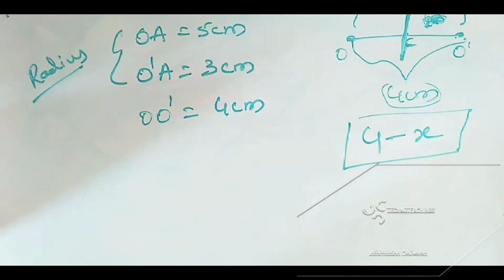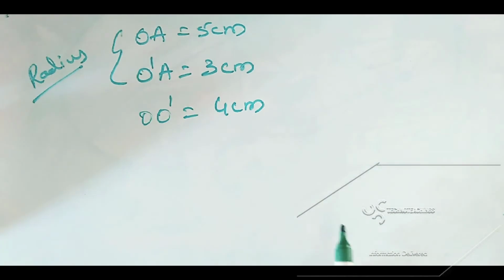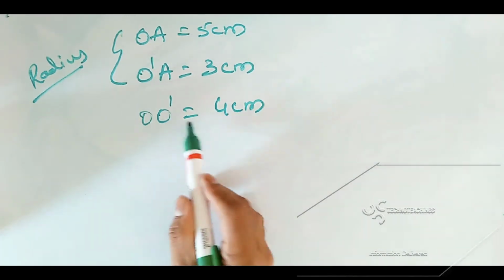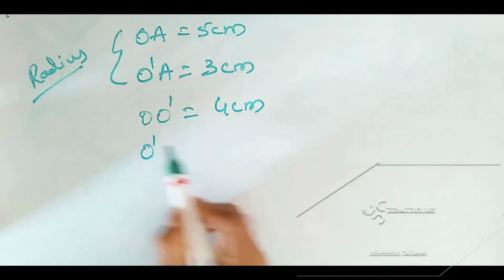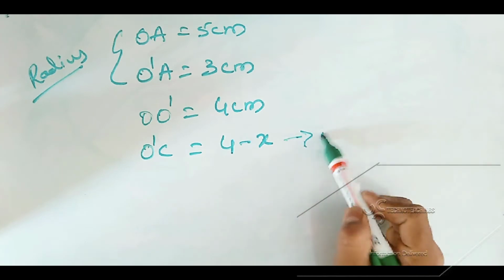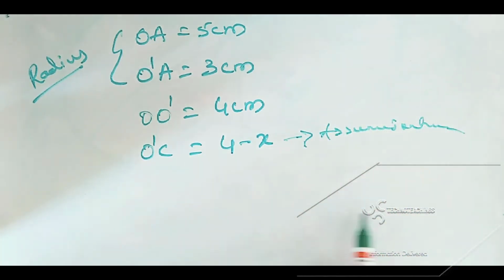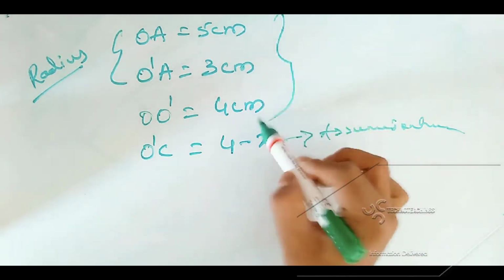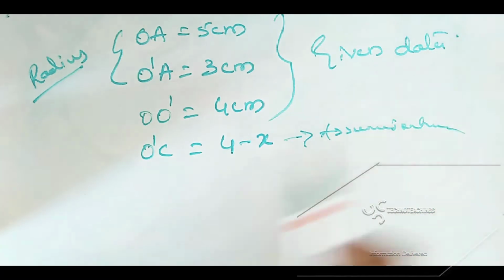Since O to O dash is 4 centimeter, O dash to C is our assumption, and these are all the given data.